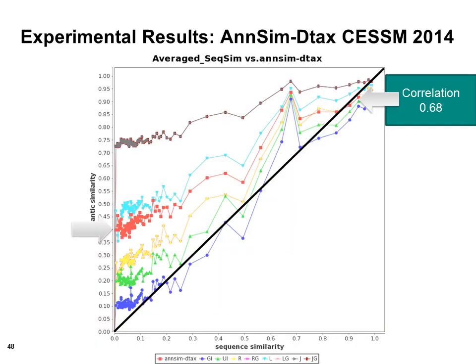Similarly, when we study the performance of UnseenTags in the 2014 dataset, we can observe that as before, UnseenTags assigns high values of similarity to dissimilar pairs of proteins, and the correlation is not so high.